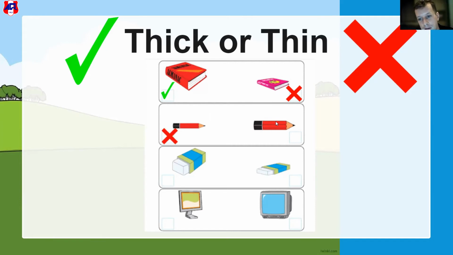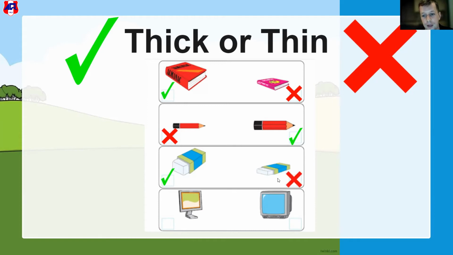What about this one? Yes, very good. That's a thick pencil. And then we go to the eraser. Do you think this is a thick or a thin eraser? Very good. It's a thick eraser. And this one is a thin eraser.